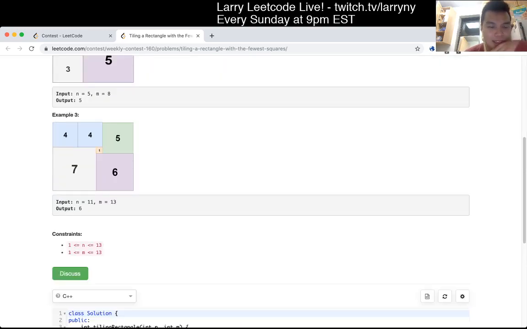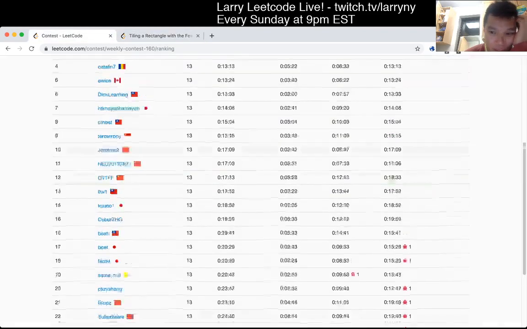Like the base. There's a lot of counting there. Maybe some sort of sweep line. What, wow.